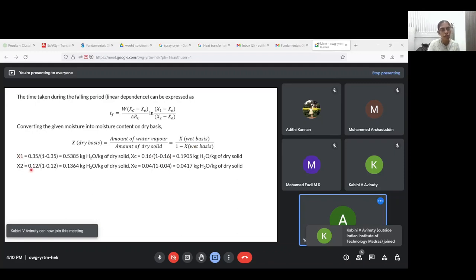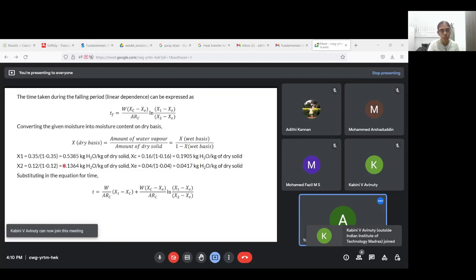X2, if you calculate, is 0.12 divided by 1 minus 0.12, which gives you 0.1364 kg of H2O per kg of dry solid. And Xe will give you 0.04 divided by 1 minus 0.04, which is 0.0417 kg of H2O per kg of dry solid. So now you have all the moisture in terms of dry basis. All you have to do is substitute back in these two equations and then calculate the total time required for drying.